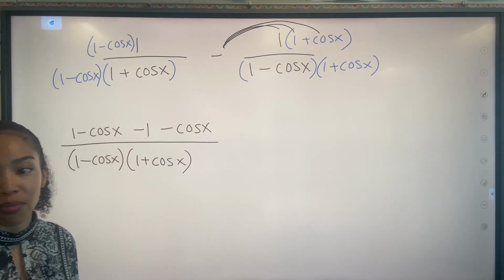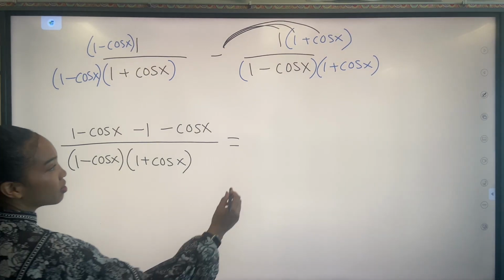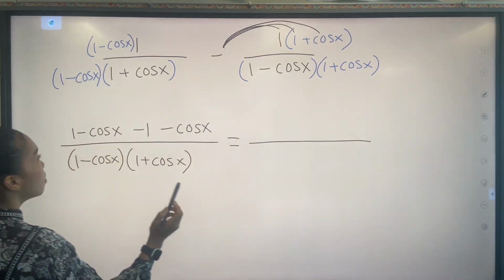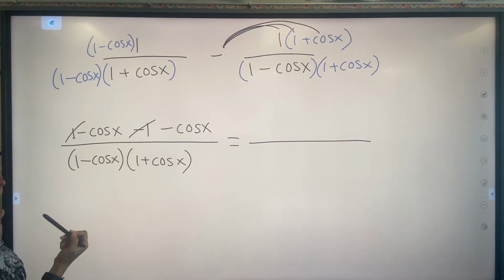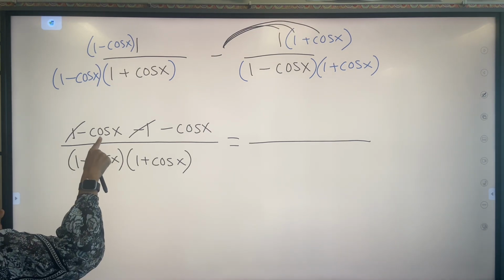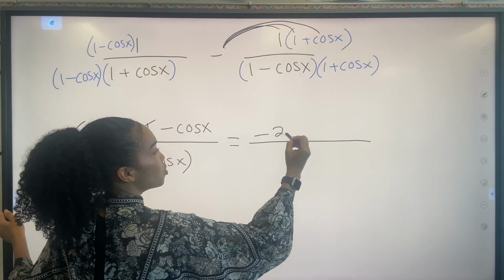You have to distribute the minus sign. Let's start simplifying this. A 1 minus a 1 is just 0, so those canceled out. Negative cosine and another negative cosine is negative 2 cosine.